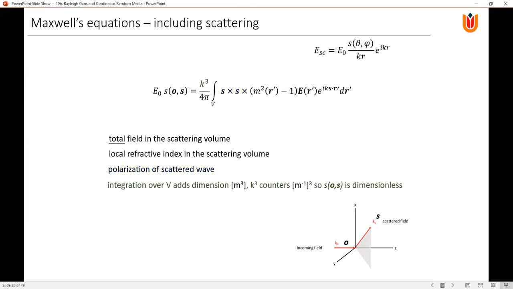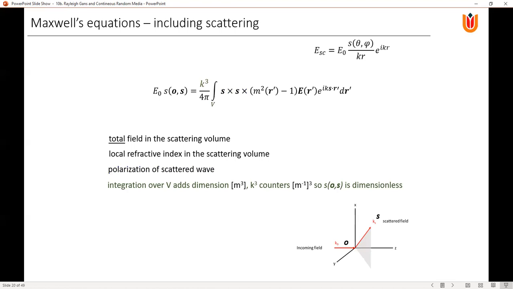The integration that is there, so the integration of the volume V. Basically, that is the volume in which the scattering particles are, or the scattering material is contained. That will add a dimension of volume, which will be countered by the k to the third term before the integral.